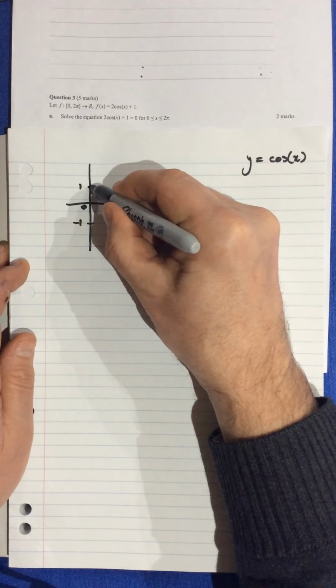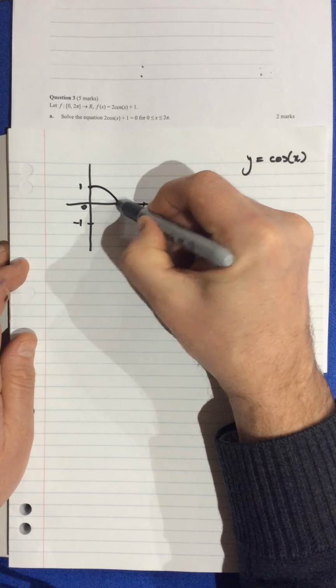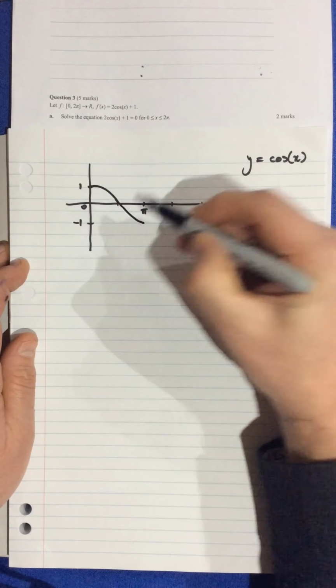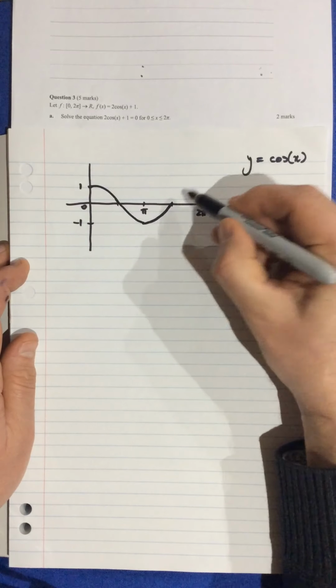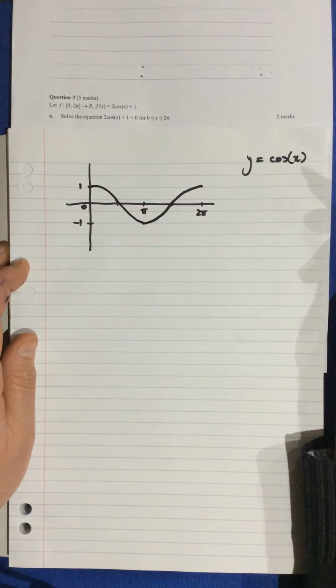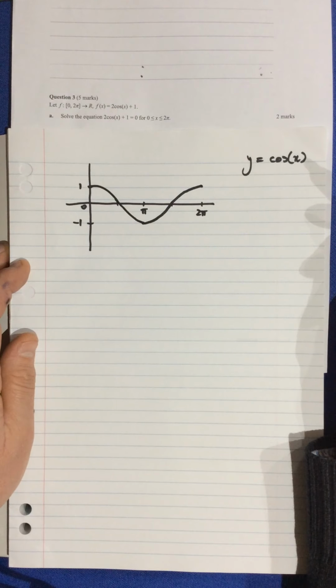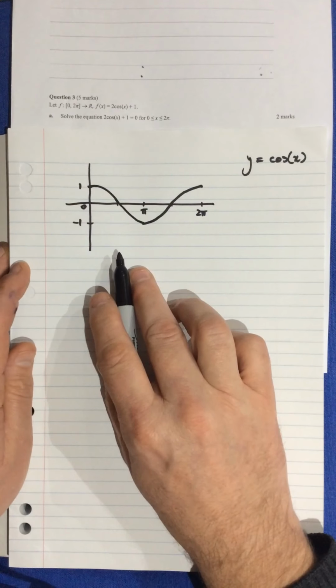The cos function starts at 1, drops down to 0, down to -1, back up to 0, and finishes when x is 2 pi at 1 again. So that's my basic cos function.